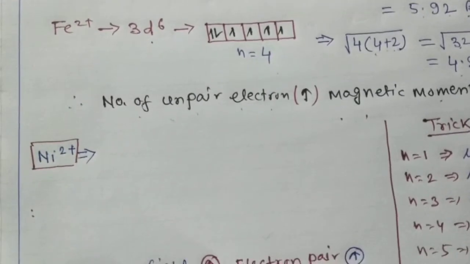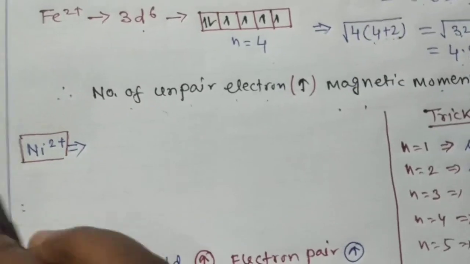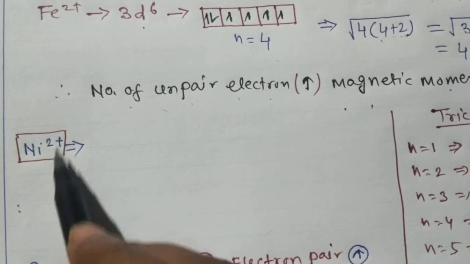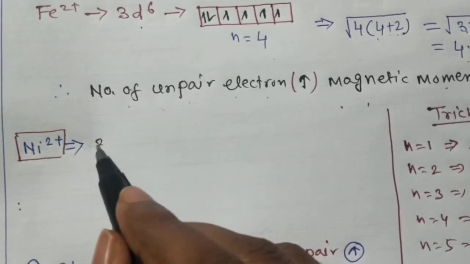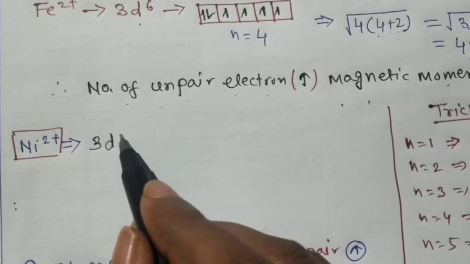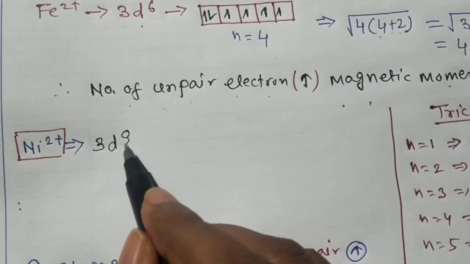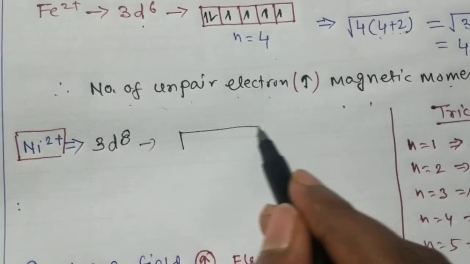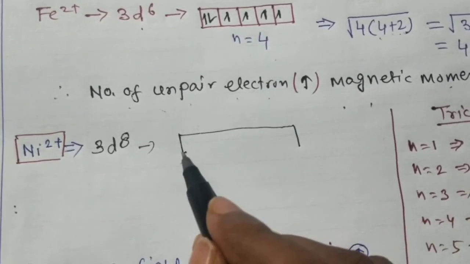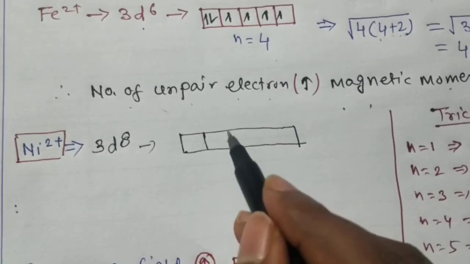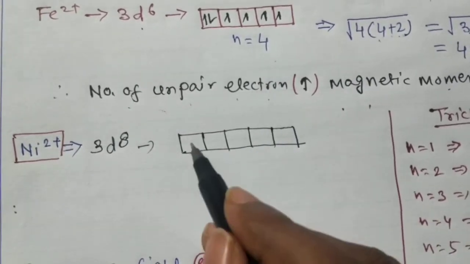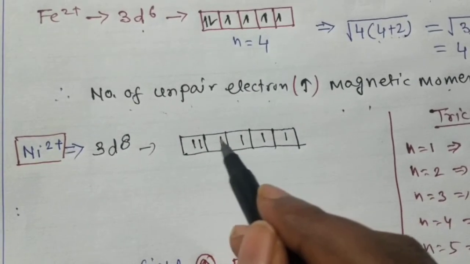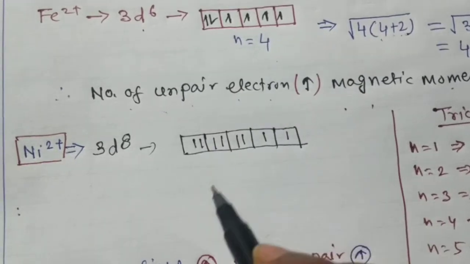Now calculations in another example. Here the example given is nickel 2 plus. Nickel 2 plus has 3d8 configuration. So the d subshell electron contents are 1, 2, 3, 4, 5, 6, 7 and 8.